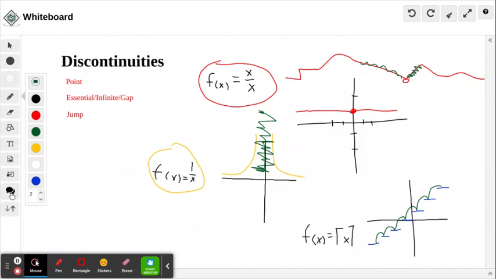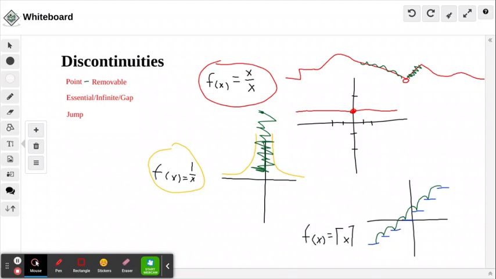Now, let's talk about removable discontinuities. So a removable discontinuity is a subgroup within point discontinuities. And these only exist in cases where the discontinuity exists because of the domain of the function.